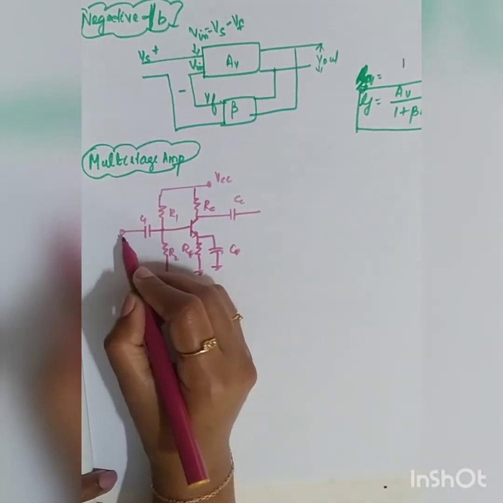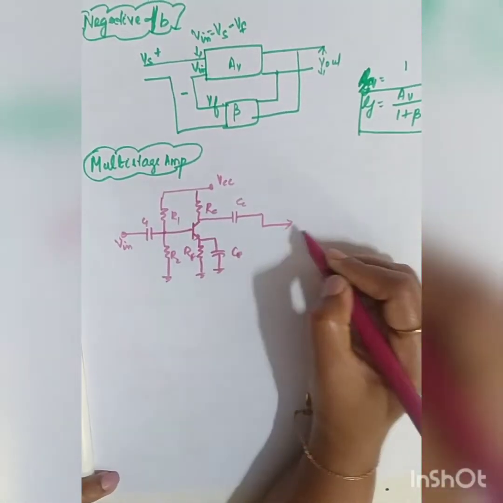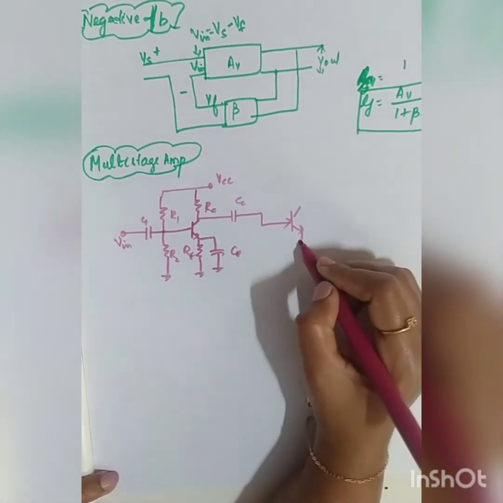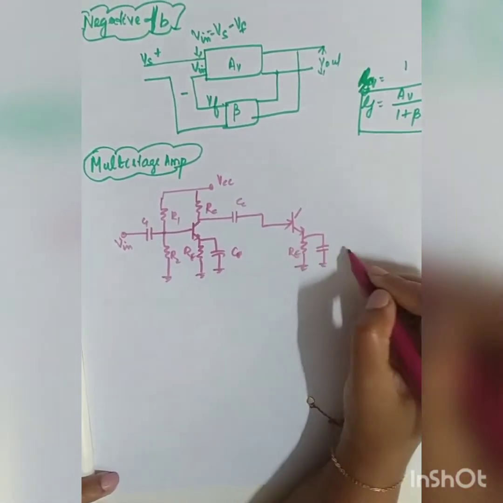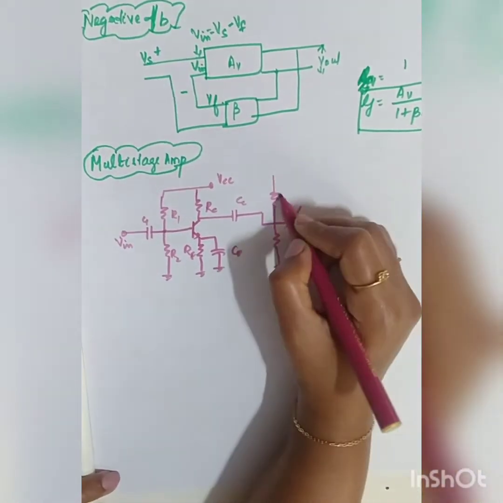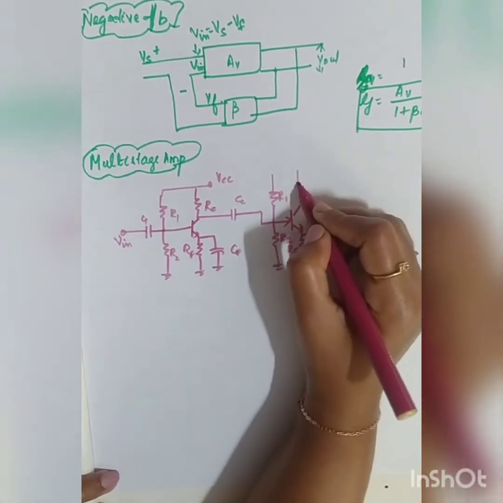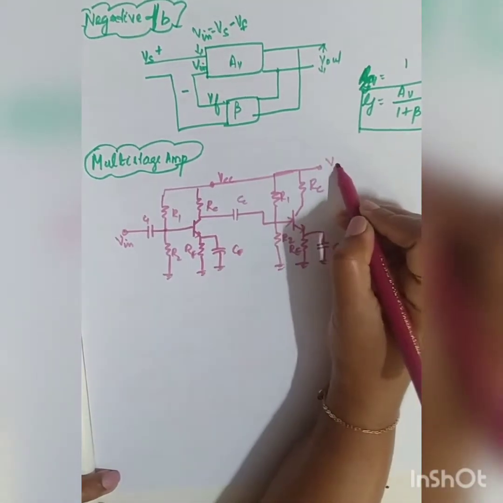So this will be your Vin, right? Output of the first stage will be connected to the base of your second stage. So repeat the same diagram of RC coupled amplifier in the second stage. RE, CE, again you have R1, R2, RC, same VCC will be connected. Okay.